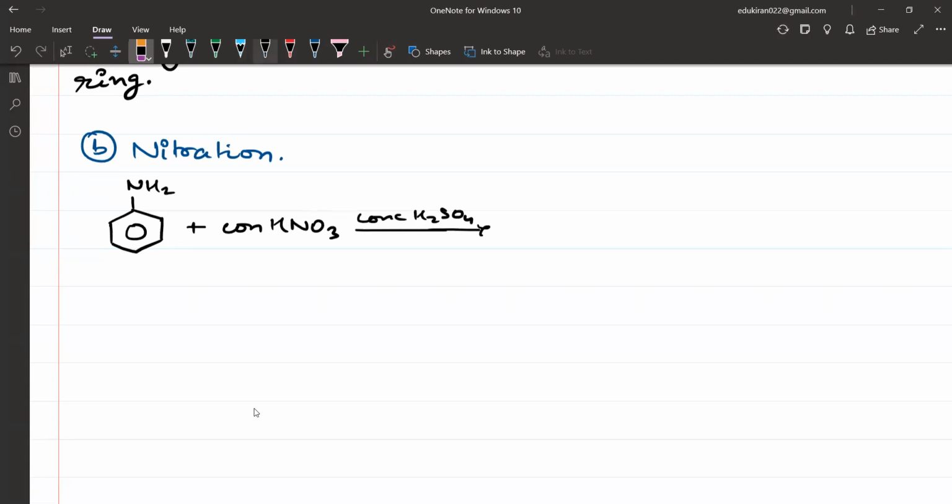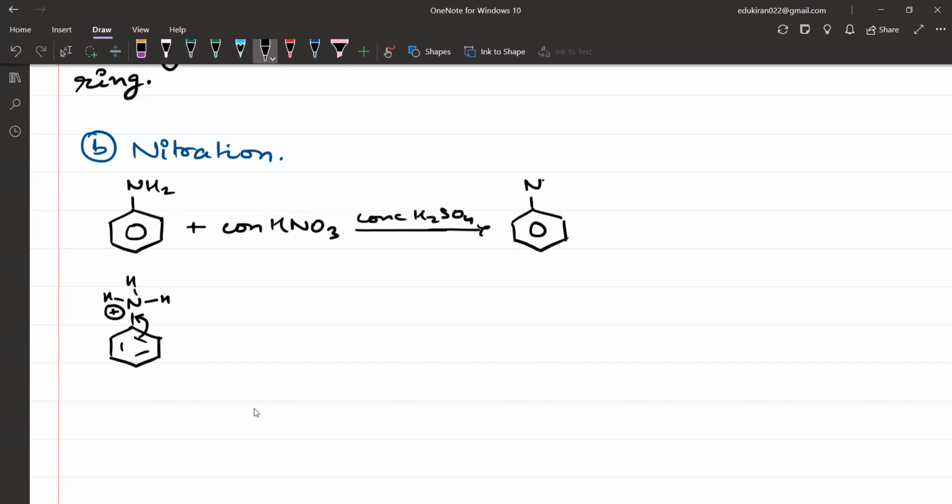So if it attacks the H plus ion, it will become deactivating. Why will it become deactivating? Please see. You have N, you will get 3 hydrogens and a positive charge. Now there is no lone pair, and the resonance will be like this. This pi bond is going away from the benzene ring. That is why you get different types of product.